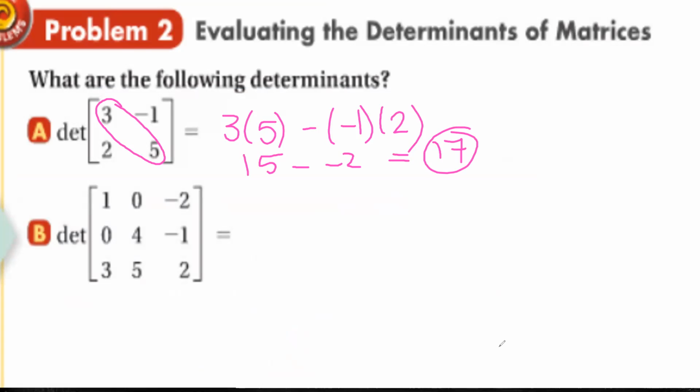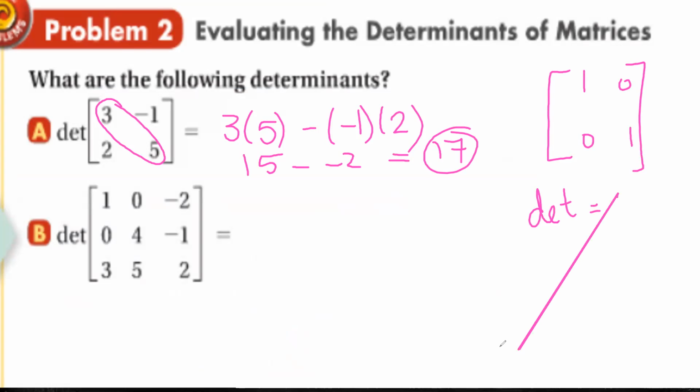Now, for the identity matrix, what is its determinant? 1. That's why we must have this order, because 1 times 1 minus 0 times 0 is 1.